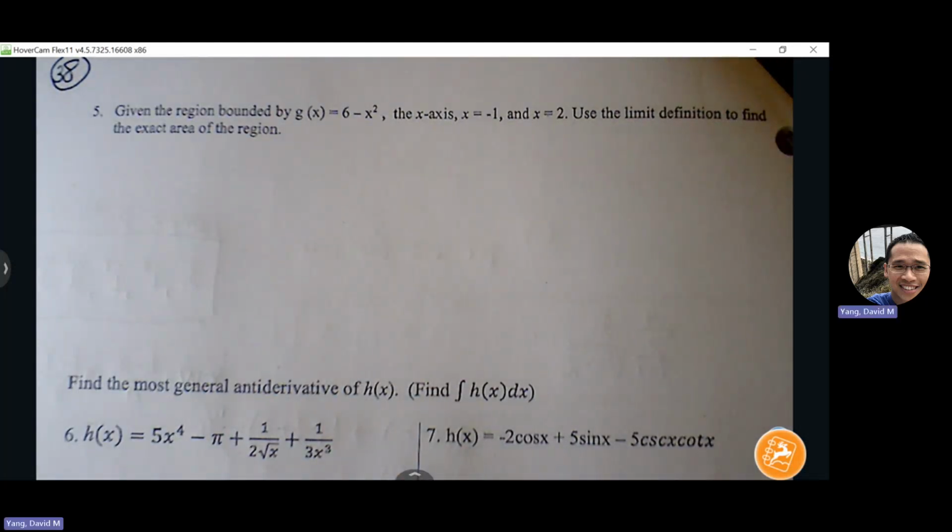It says given the region bounded by 6 minus x squared, the x-axis, x equals -1 and x equals 2, use the limit definition to find the exact area of the region.